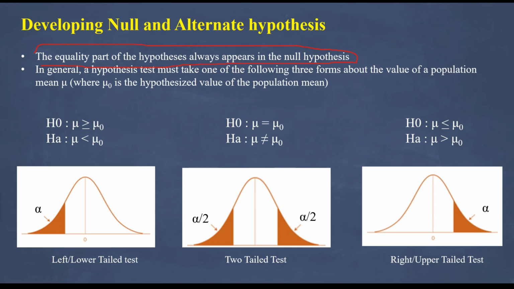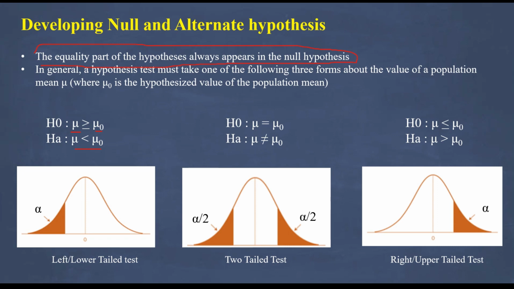So you are stating the null hypothesis as: your population mean is greater than or equal to the hypothesized value of the population mean. You can see that there is an equal to sign, greater than or equal to. Alternatively, the alternate hypothesis is mu is less than mu0.